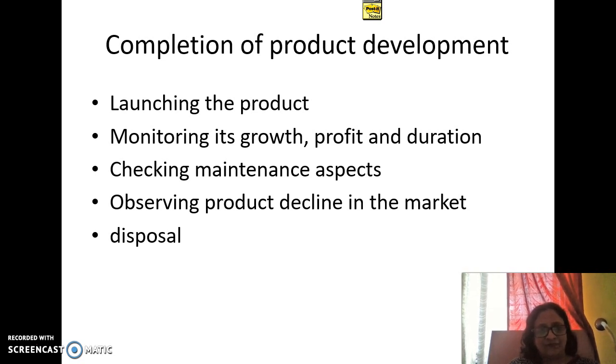Once the company gets the maximum benefit for the particular product over a long duration, most of the time it happens that after a certain period the product starts declining in the market, that benefit starts decaying. And when the benefit starts decaying, then it is the need to either upgrade the existing product or to design a completely new product. So these are the phases of electronic product development.